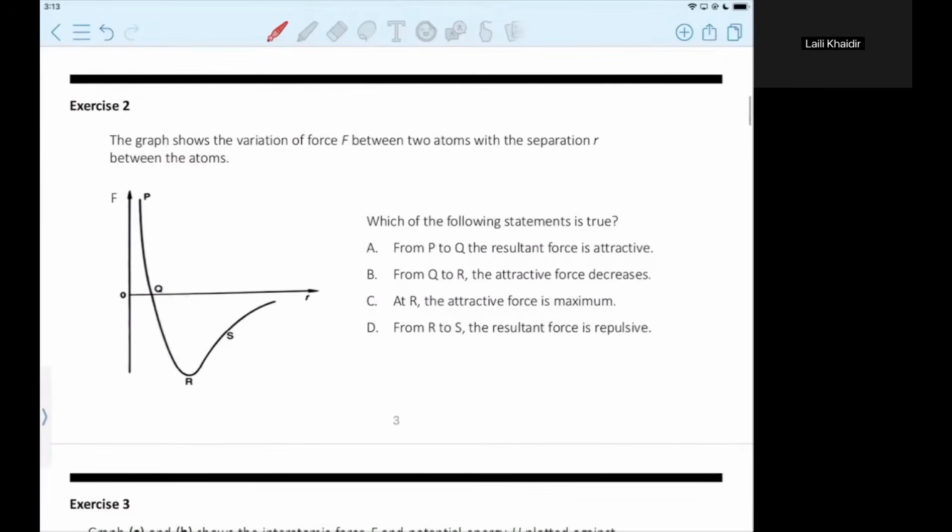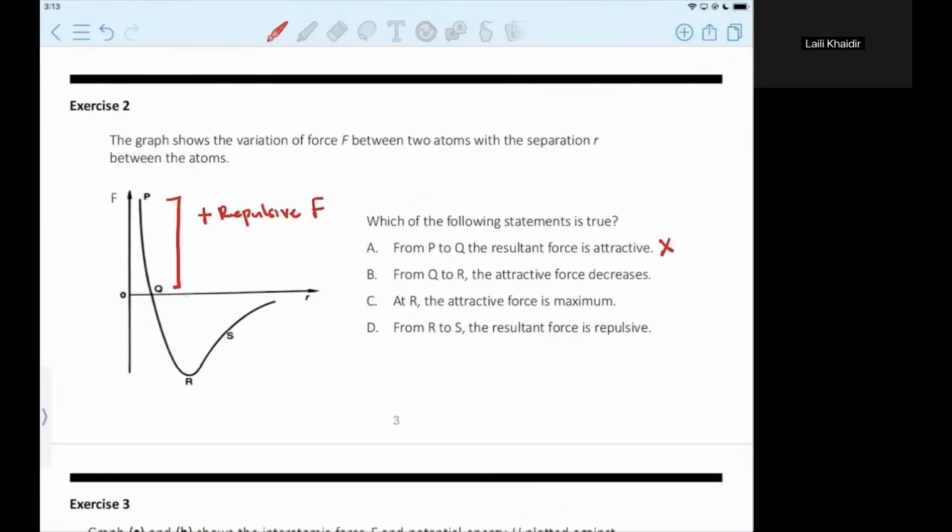So where is P to Q? It's somewhere here. So it falls under positive repulsive force, so it is not an attractive force. So A is wrong.